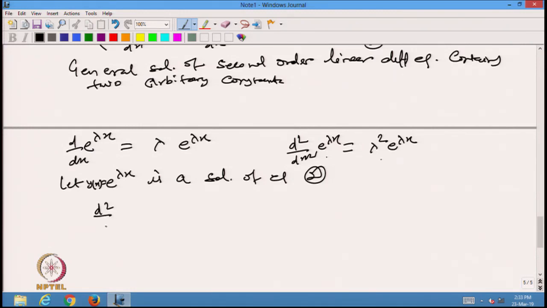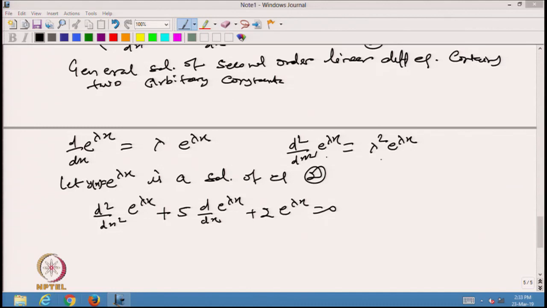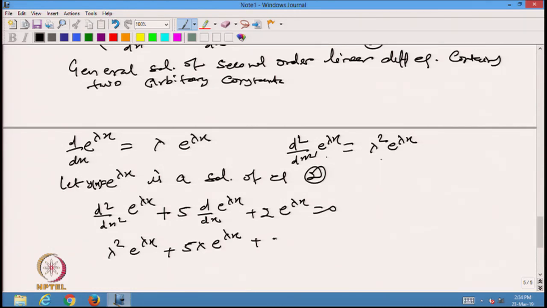I should have d square over dx square e^(lambda x) plus 5 d by dx e^(lambda x) plus 2 e^(lambda x) equal to 0. Taking the derivative 2 times, it will be lambda square e^(lambda x) plus 5 lambda e^(lambda x) plus 2 e^(lambda x) equal to 0.